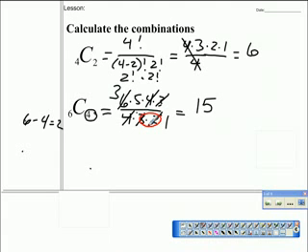Why didn't I use that? Because 6 times 5 is 30, and I would not have canceled the 2. So what did I do? I divided by 2 first. I canceled the 2 and the 6, and 6 divided by 2 is 3.